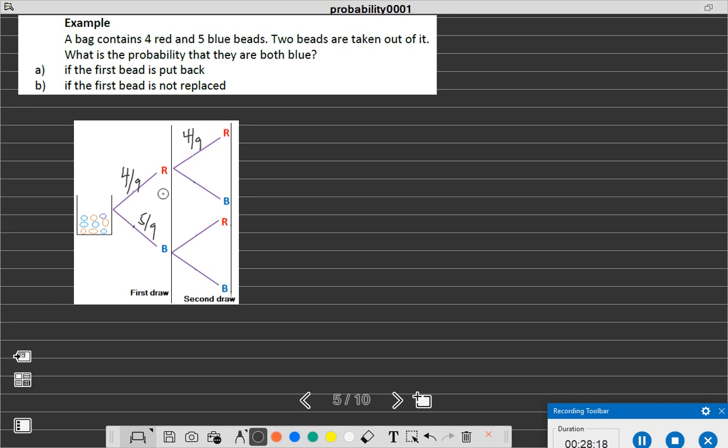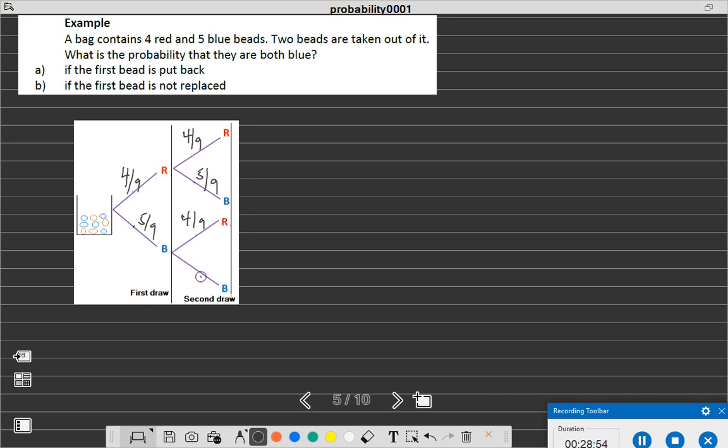Now to pick a red and then a blue. For the case of blue, again, we shall be having 5 out of 9 because after picking, the bead is returned back. When you come here, picking the second bead which is red, we have an option of 9, but they are 4 out of 9.